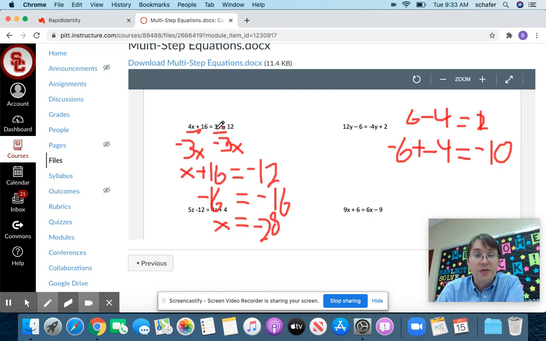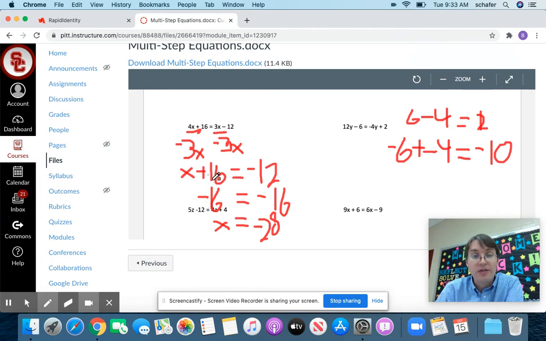So I needed to take the 3x from this side and put it on this side. So I subtracted 3x, which gave me 0 3x's on this side. And I know that 4x minus 3x is going to be 1x, or x. That left me with x plus 16 equals -12.